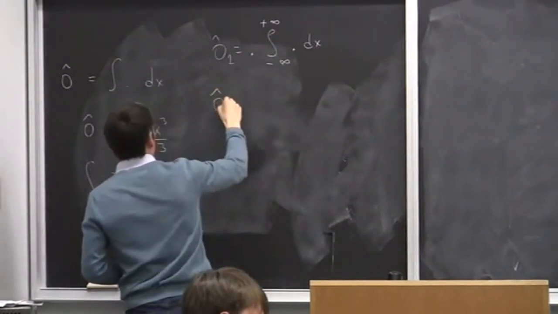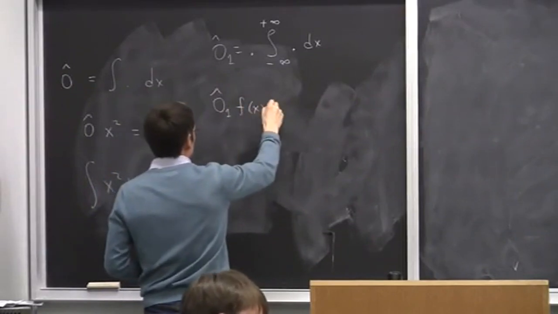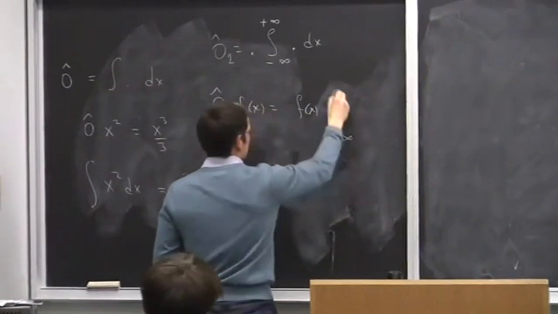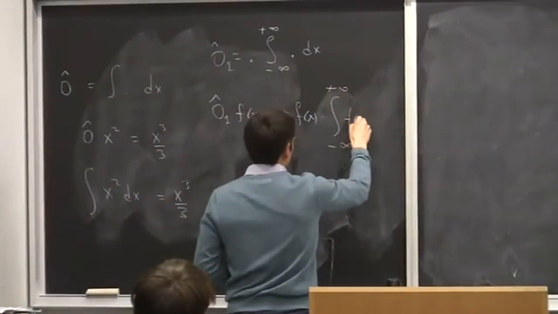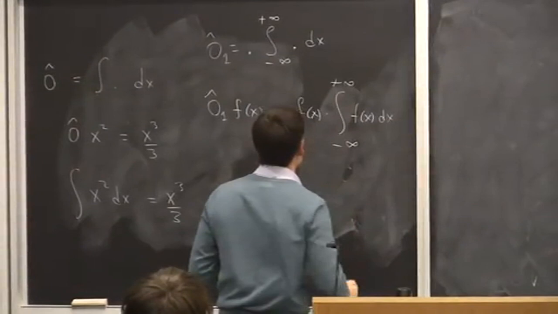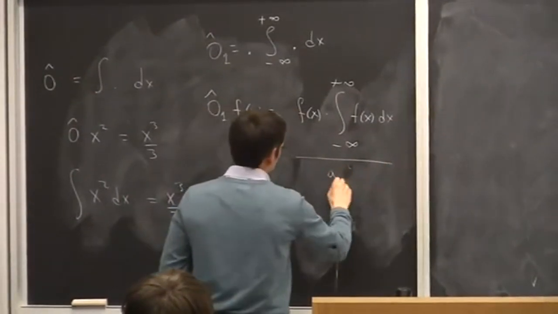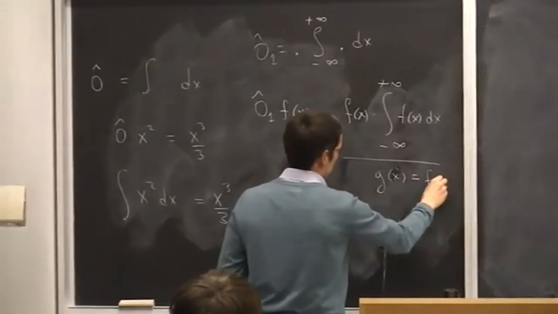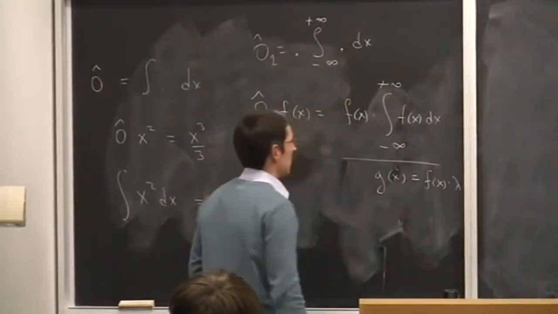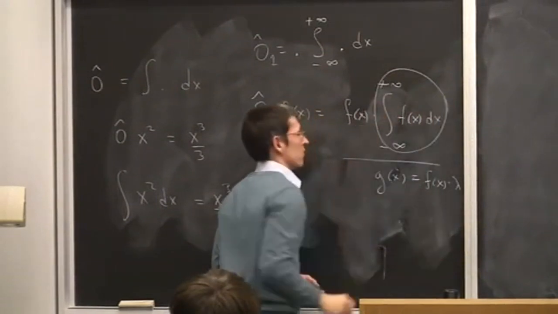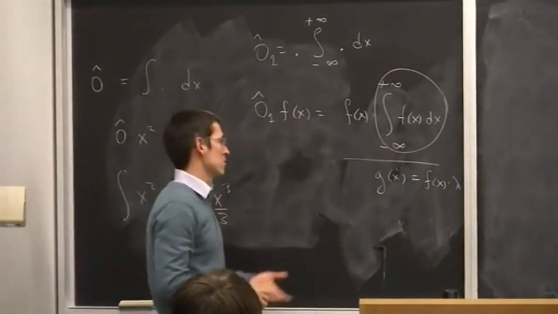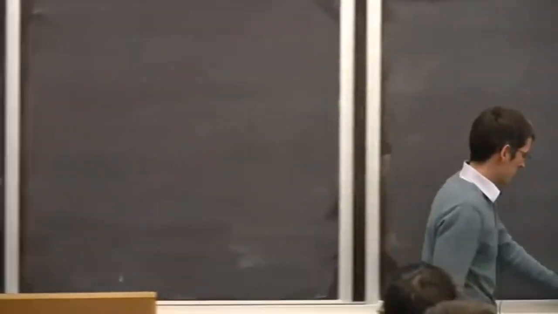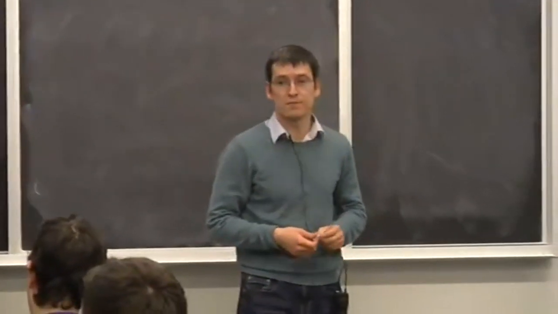So then O1 f of x is f of x multiplied by the integral. So this is another function, g of x, which presumably is f of x multiplied by some constant coming from the integration. Right, so you can play with the integrals, derivatives, making the operators.